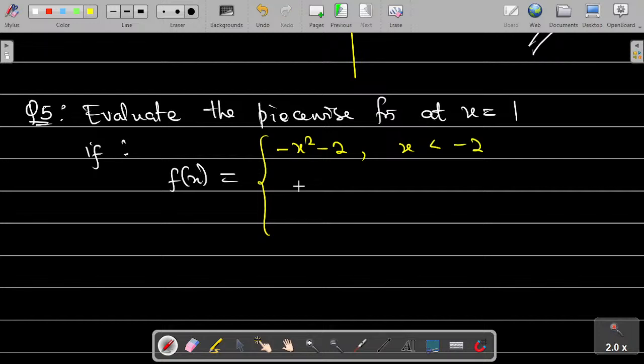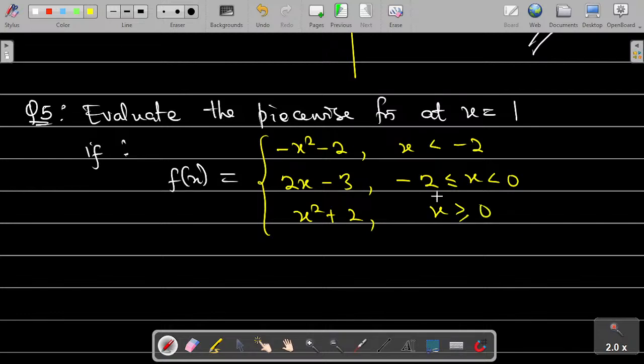And then the second function is 2x on the interval minus 2 less than or equal to x less than 0. And the last one is x squared plus 2 for x greater than or equal to 0.